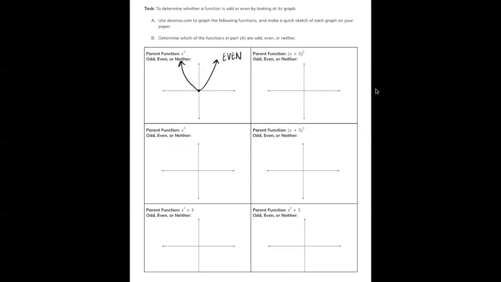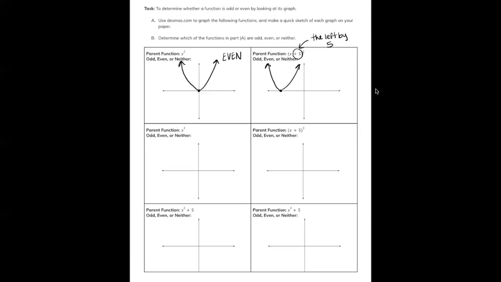And by now, we should know that when we have a +5 inside our parentheses, that's telling us that we move to the left by 5. We know this vertex form. So if we go here, we'll call this 5. And although this parabola is also a parabola, it's not centered around the y-axis.